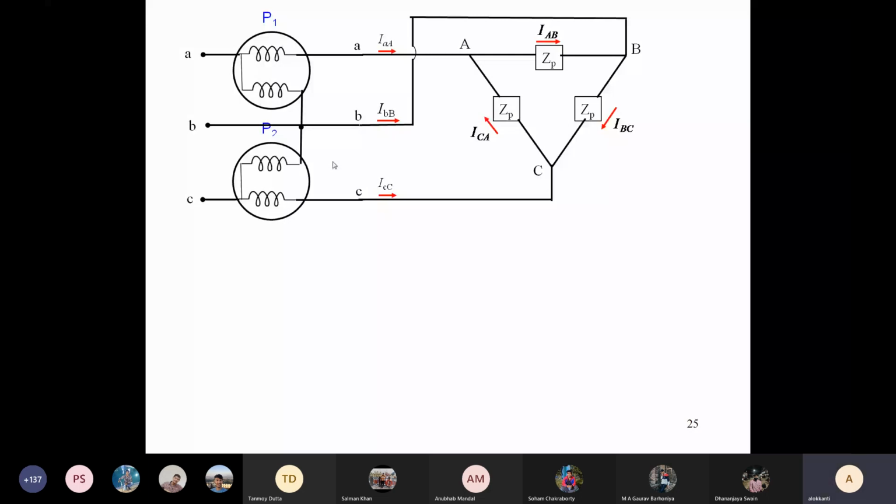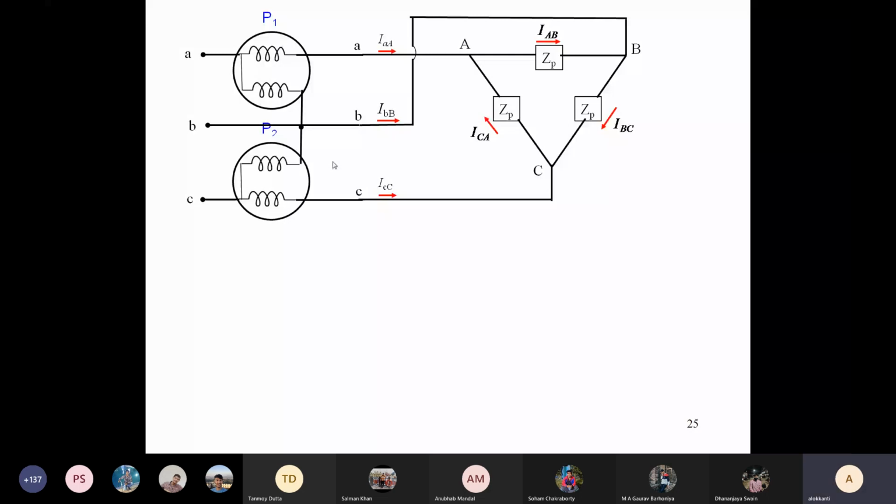Basically, what will be required is the phasor diagram, because here everything is phasor. As soon as you tell IA, IC and all, IA will have a certain orientation, and VAB will have a certain orientation. Since it is power, what will also matter is the angle between IA and VAB.